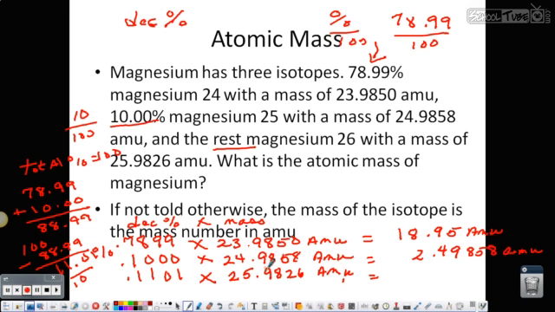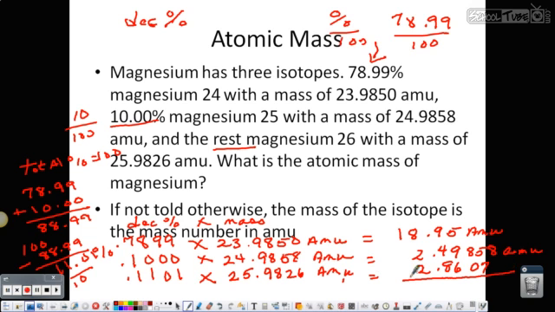And you're going to get 2.8607. Need 4 significant figures, so that will be enough to add.